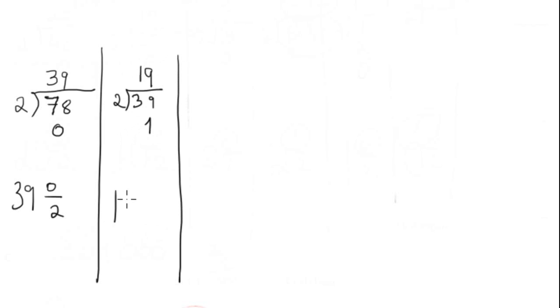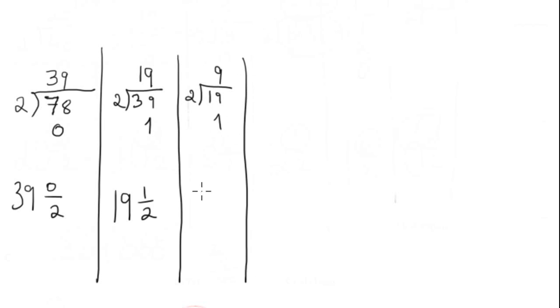Now 19 divided by 2 is 9, 18, remainder 1.